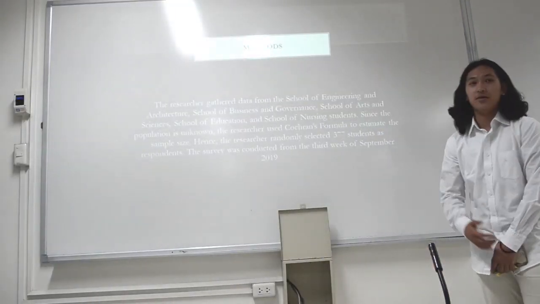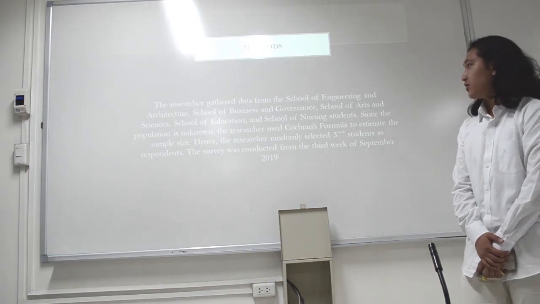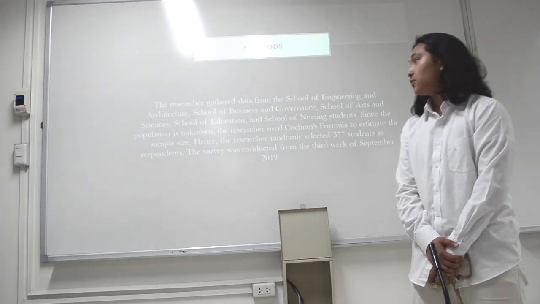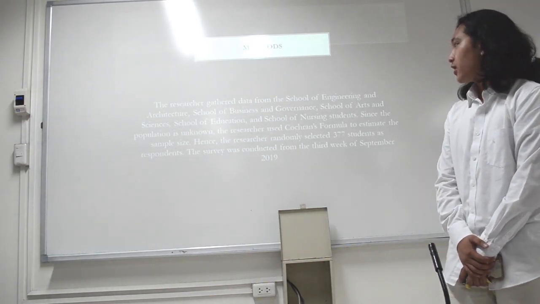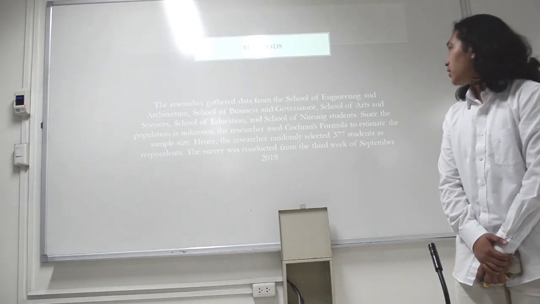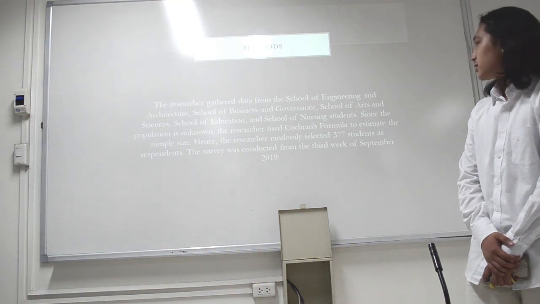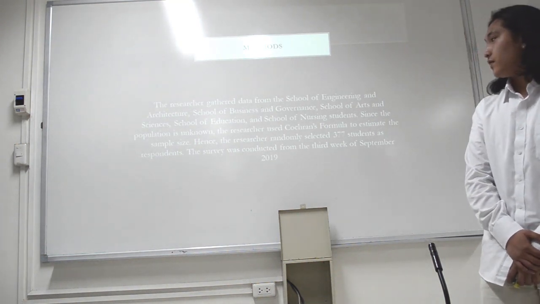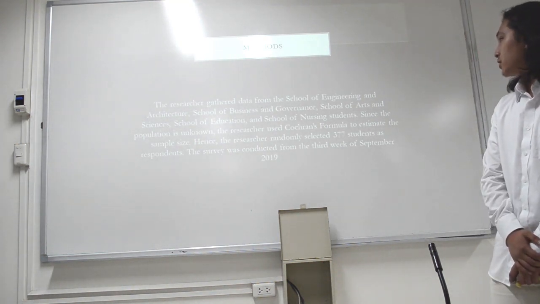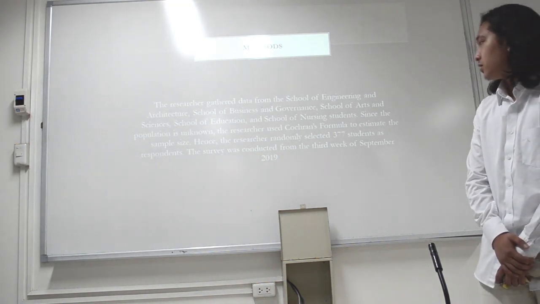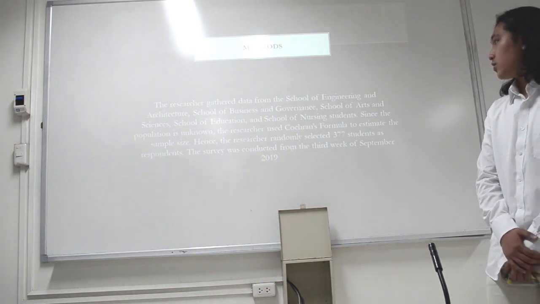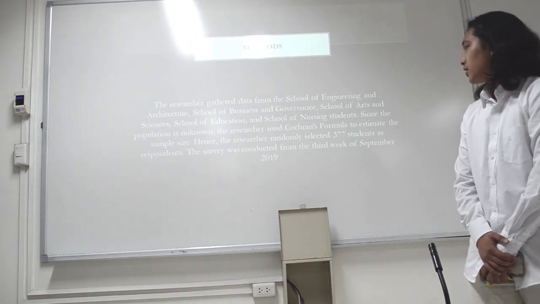So this is our method. The researcher gathered data from the School of Engineering and Architecture, School of Business and Governance, School of Arts and Sciences, School of Education, and School of Nursing students. Since the population is unknown, the researcher used Cochran's formula to estimate the sample size.